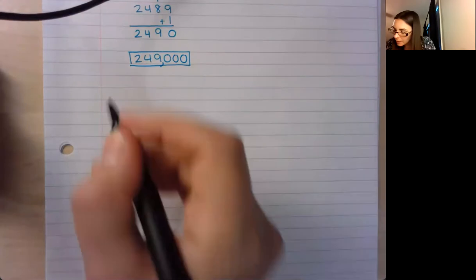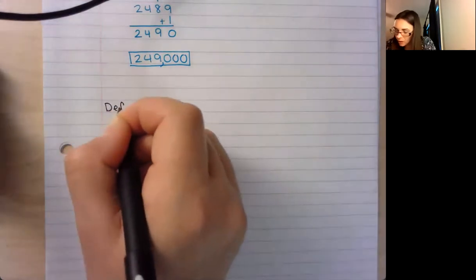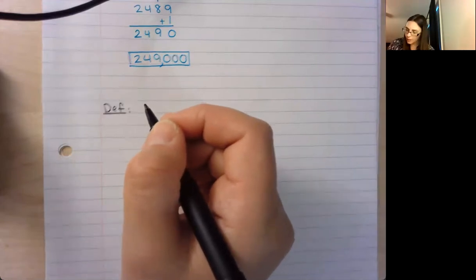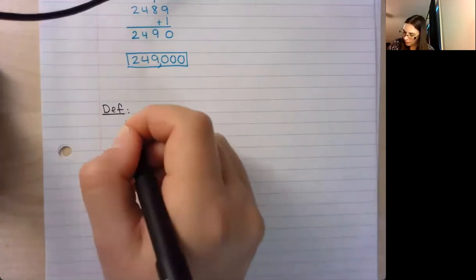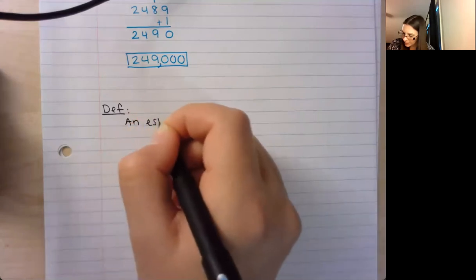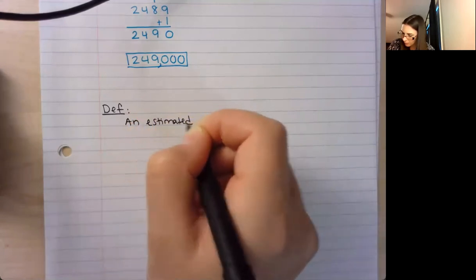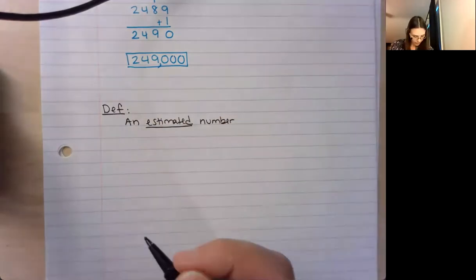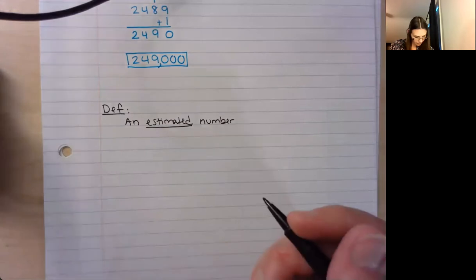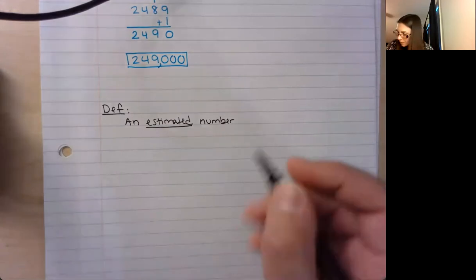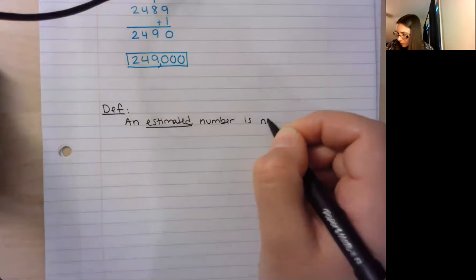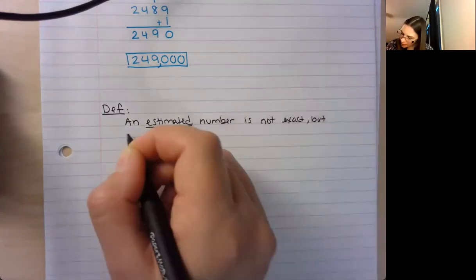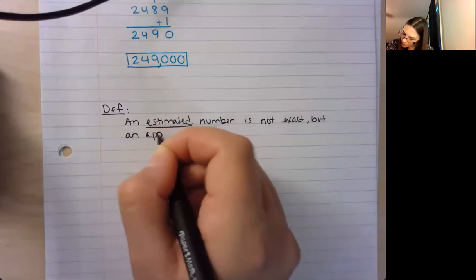Now, the next thing I want to talk about is really an application of rounding, and that's called estimating. An estimated number is not exact, but an approximation.